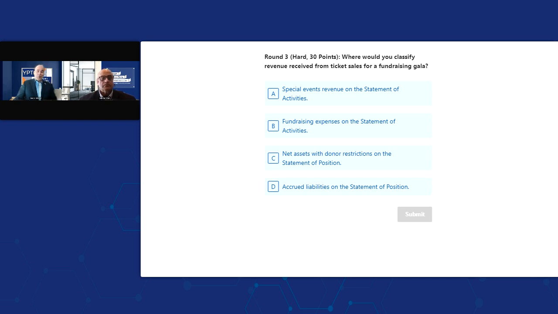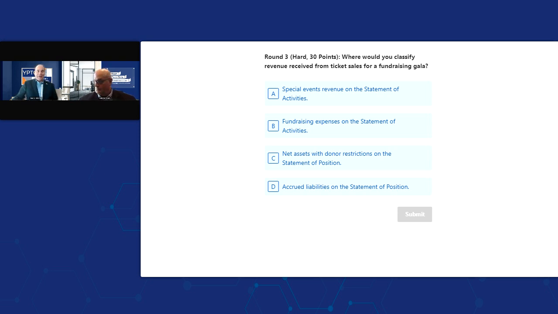C, net assets with donor restrictions on the statement of financial position? Or D, accrued liabilities on the statement of financial position? Spoiler alert, it's not going to be accrued liabilities. Couple more seconds to get your responses in.